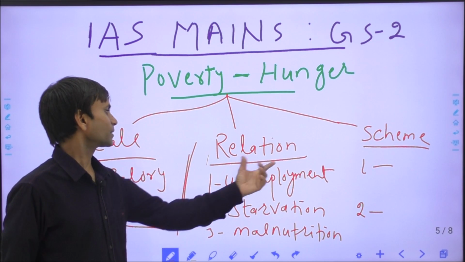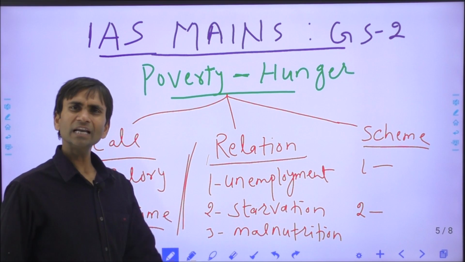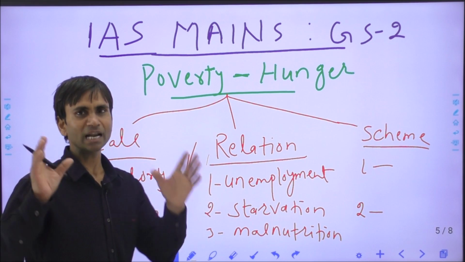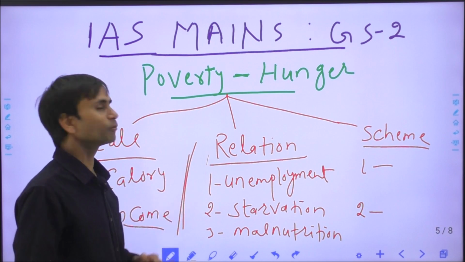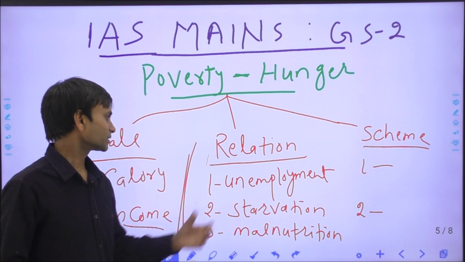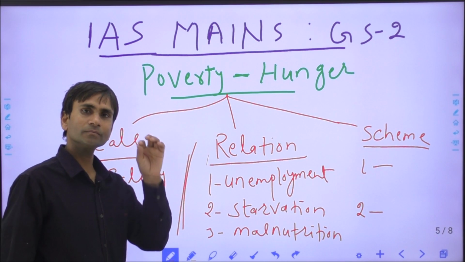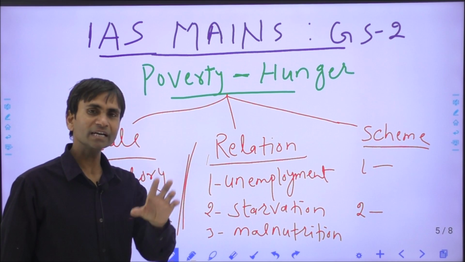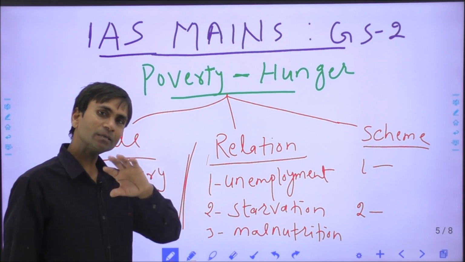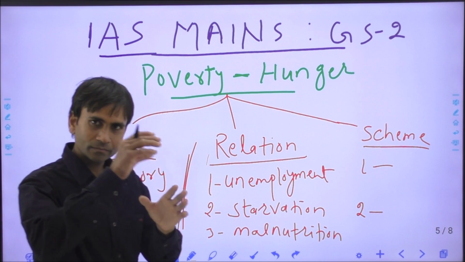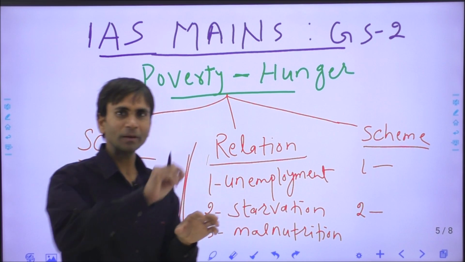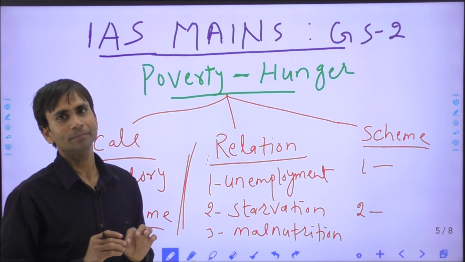Relationship of poverty with unemployment. Generally we can say if a person is unemployed, definitely he must be a poor person too. But a person is unemployed only if he belongs to the age group 15 to 60 or 65.